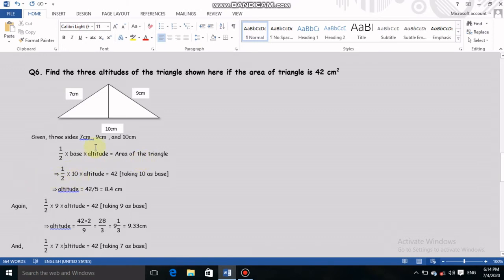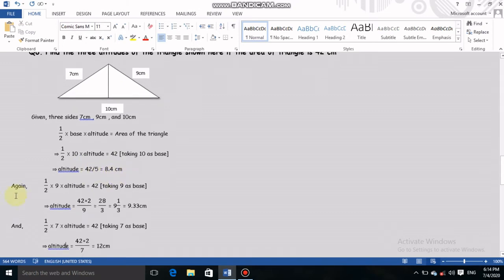Half into 10, taking 10 as base, the altitude is not given, so we have to find the altitude. 10 divided by 2 is 5. Altitude is equal to 42 by 5, which is 8.4 centimeter.